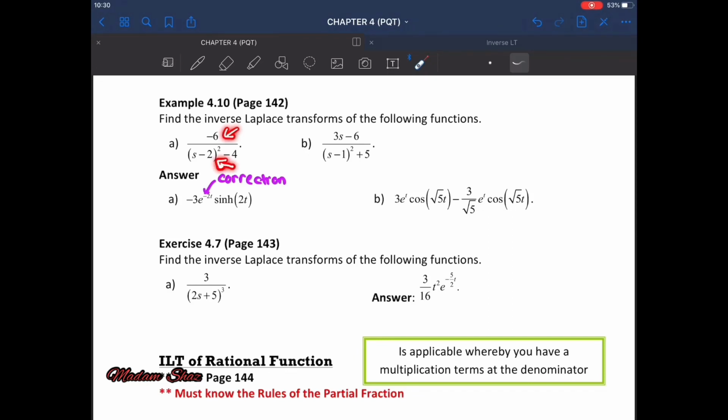So this one is also considered for the first shift inverse Laplace transform. Example B here, we have 3s minus 6 divided by s minus 1 the power of 2. So s at the upper side is not the same thing as the s at the bottom side, so you have to apply the first shift inverse Laplace transform.